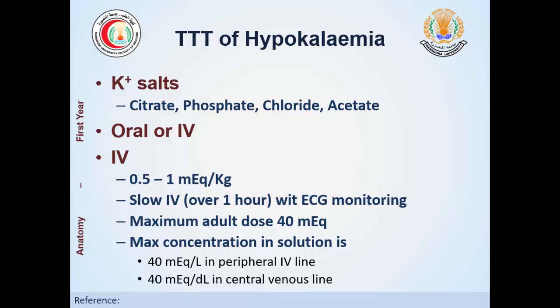Patients shouldn't receive more than this to avoid potential deleterious effects on the cardiac conduction system, so you can't give it more than this. Potassium should never be given as intravenous push and should be administered as a diluted solution.